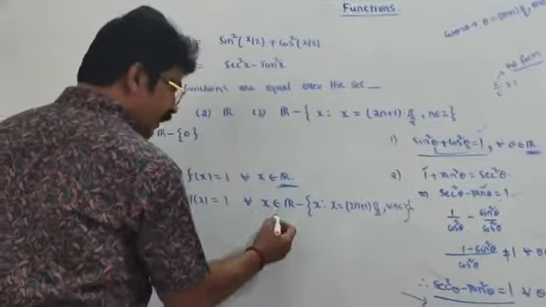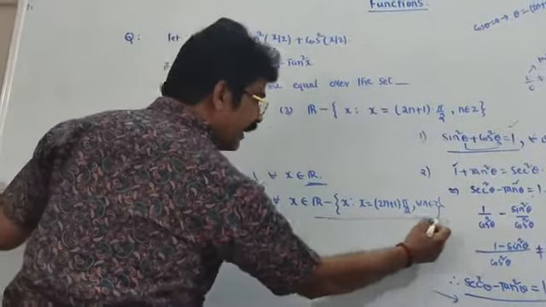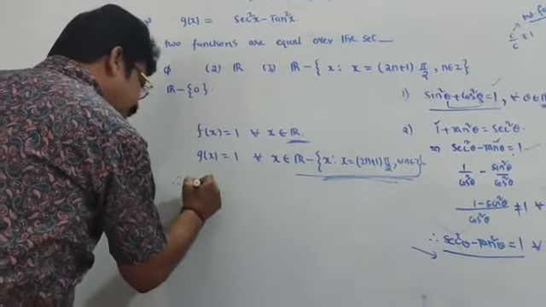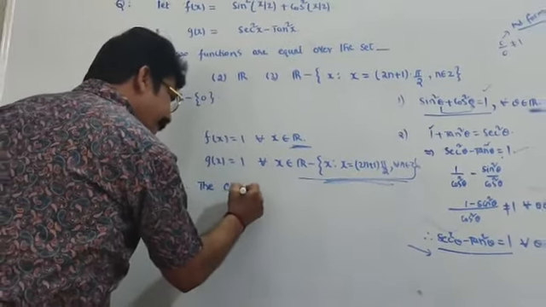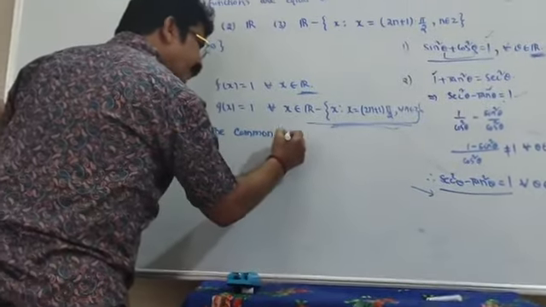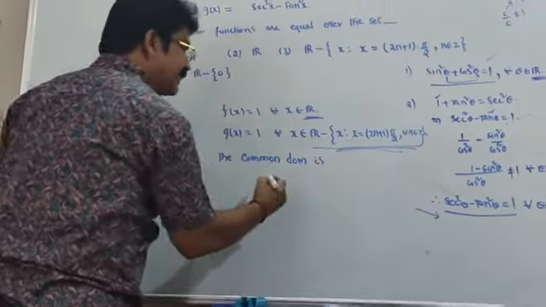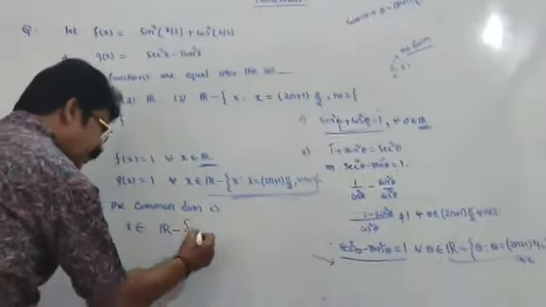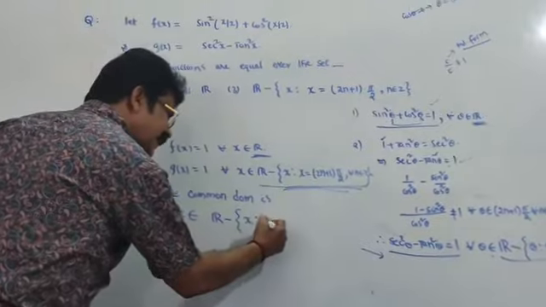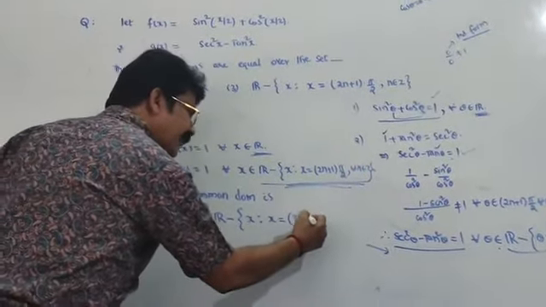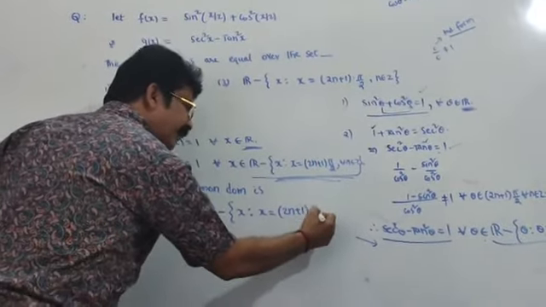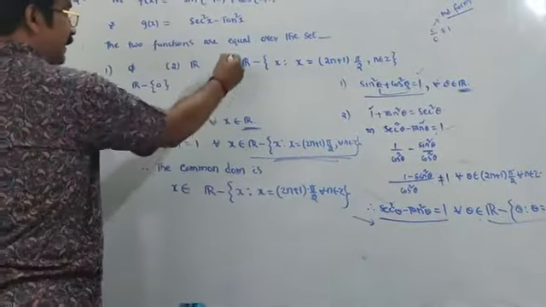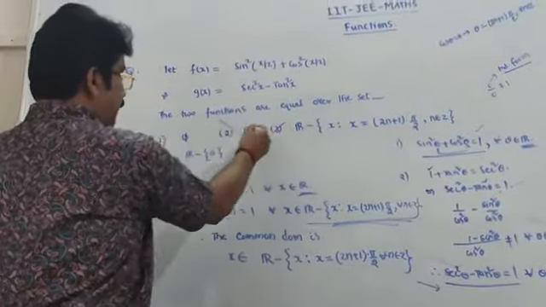R means every number, and next, R minus odd multiples of pi by 2. So the common domain is x belongs to capital R minus x such that x equal to (2n plus 1) into pi by 2 for all n belongs to Z. Thus, the third option is right, but not the second option.